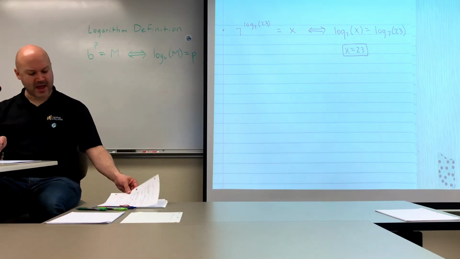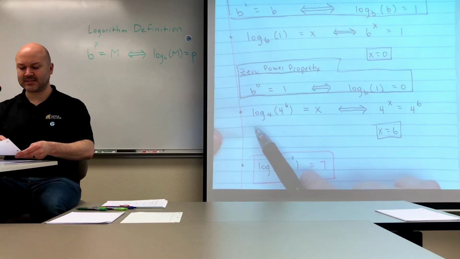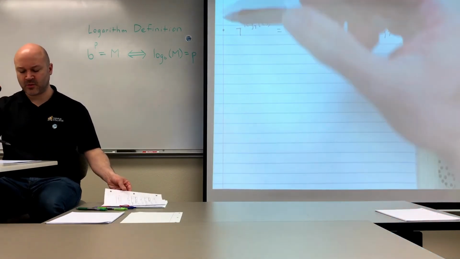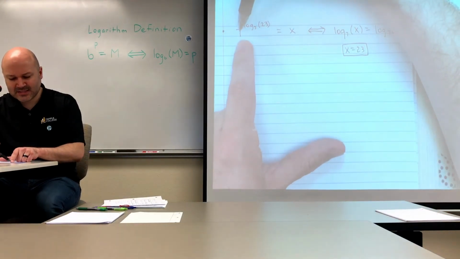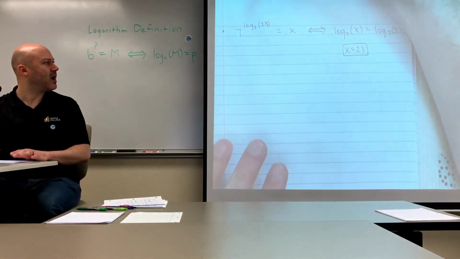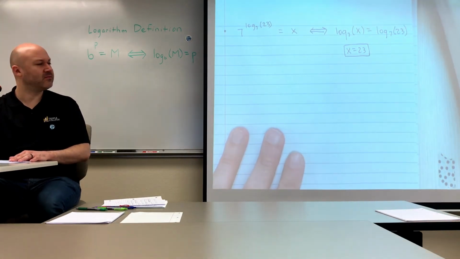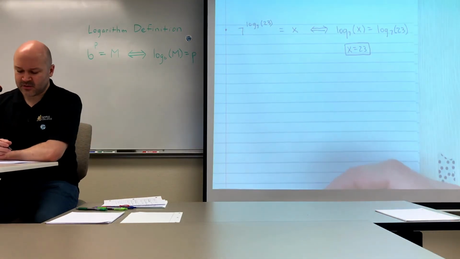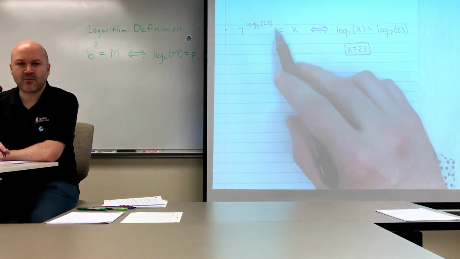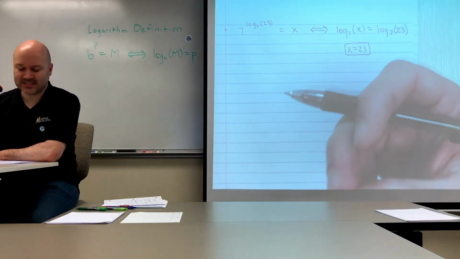This and the previous one, where the base matched the argument, and this one where the base matches the base, I call these inverse properties of logarithms. And the more you see them, the more comfortable you are just quickly simplifying.